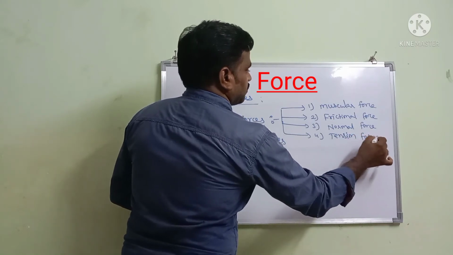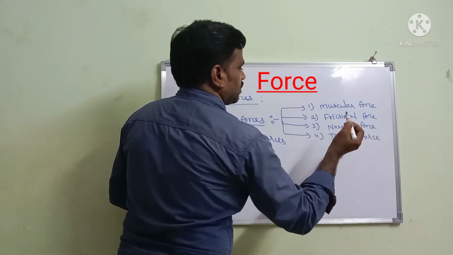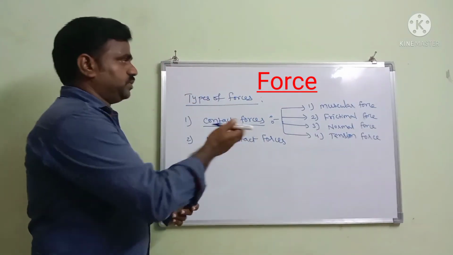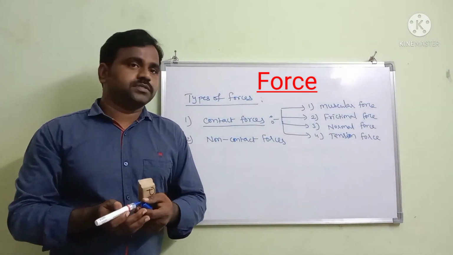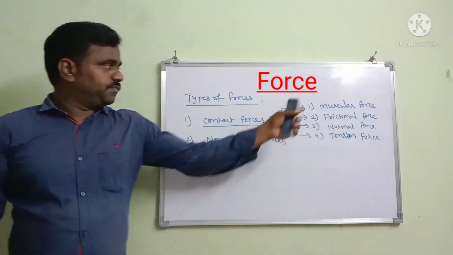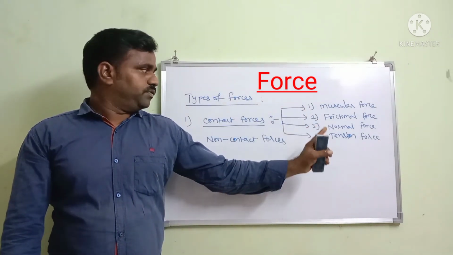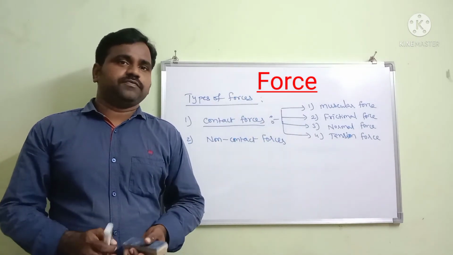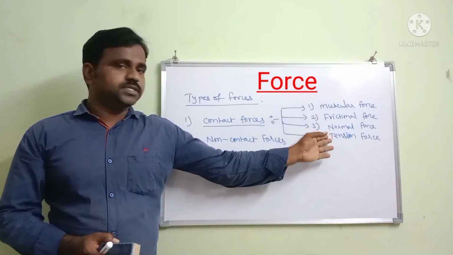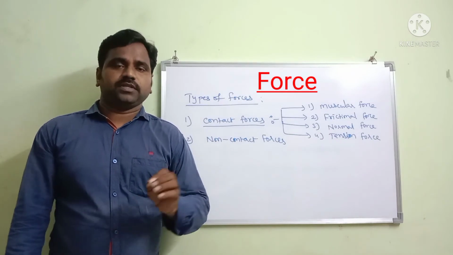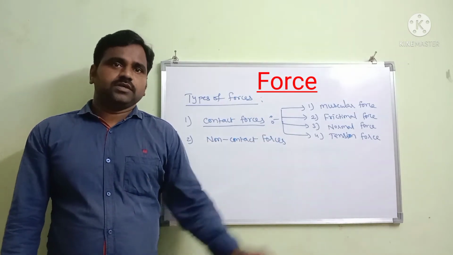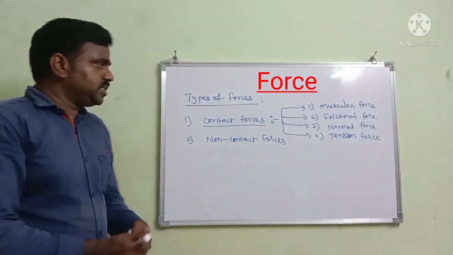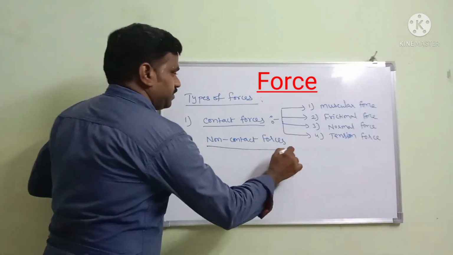So these are the contact forces: muscular force, frictional force, normal force, tension force. Why are these called contact forces? Because in all these forces there is direct physical contact between the two interacting objects.